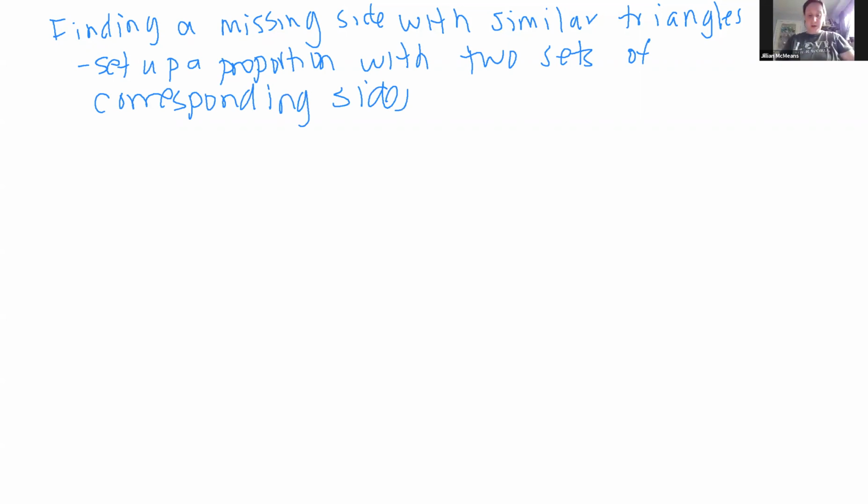So let me look at an example. Let's consider this one. Let's say our first triangle is PQR. It is a right triangle, and it's fully labeled.